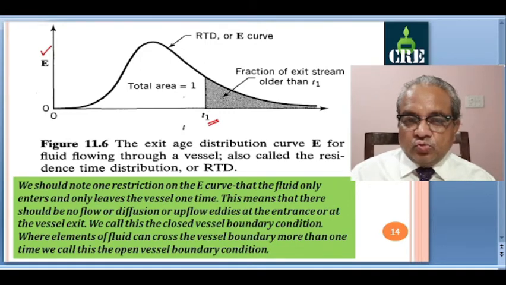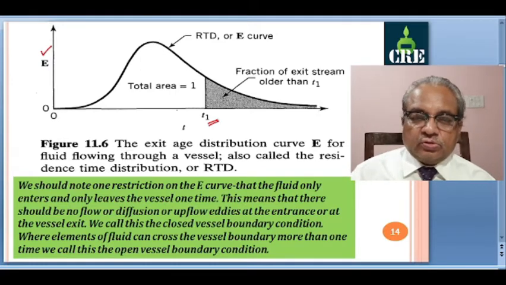So these are two regions separated by this: time less than t1 and time greater than t1. Time greater than t1 means the fraction of the exit stream older than t1, that is spending more time than t1, and this will be spending less time than t1. So you can split this 0 to infinity as 0 to t1 and t1 to infinity. Okay, this curve continues.